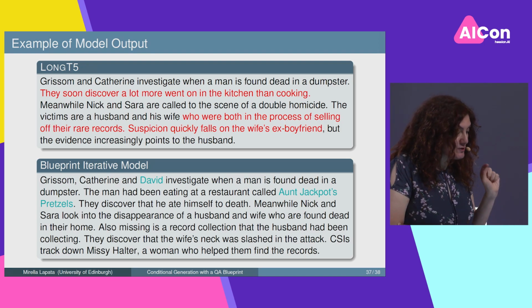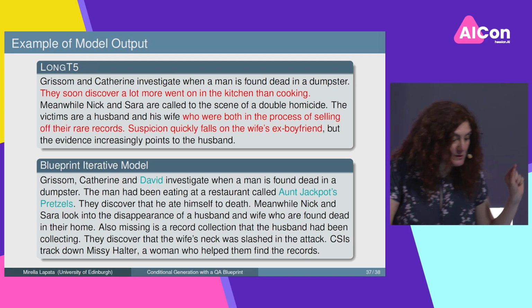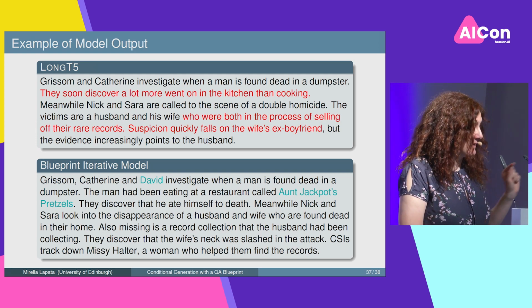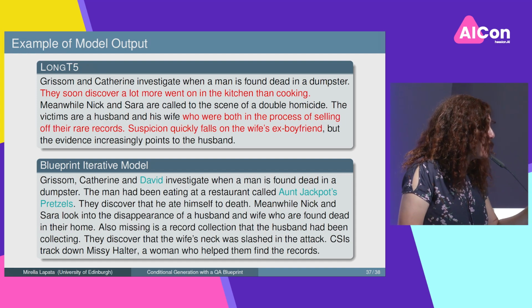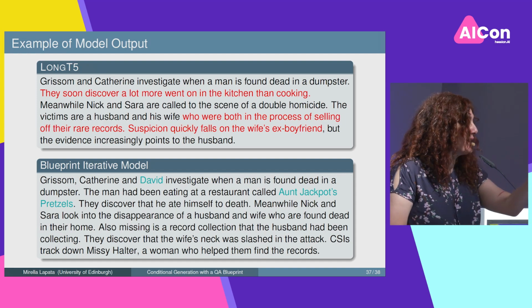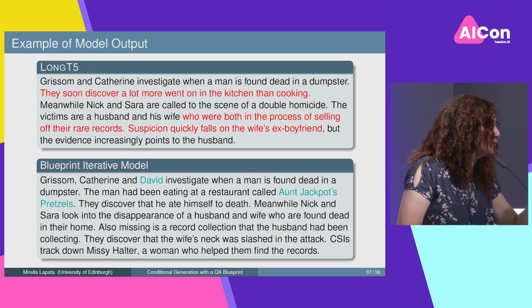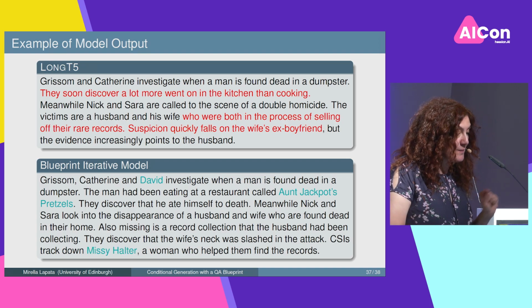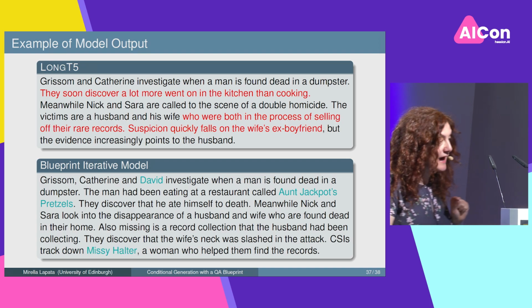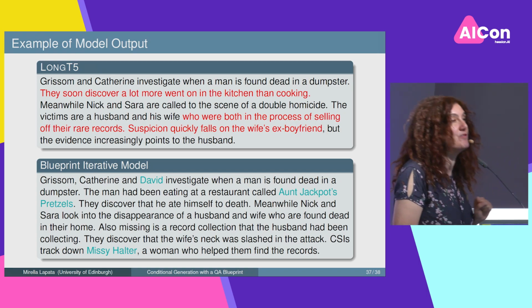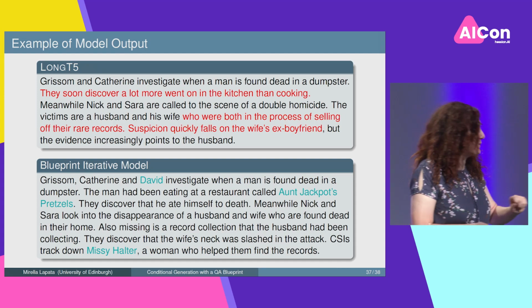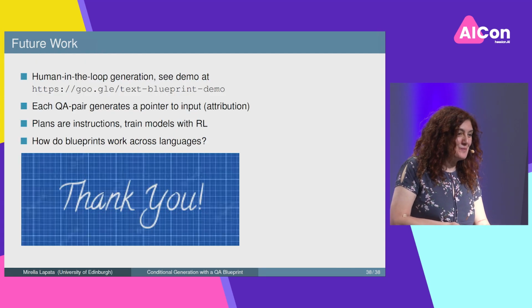Also correct. They also discover that the wife's neck was slashed in the attack. This is true, the dogs did it, and she was slashed in the kitchen. That's why T5 thought a lot was going on in the kitchen. CSIs tracked down Missy Halter. Missy Halter is the girlfriend. This is her name, a woman who helped them find the records. So yeah, a bit better.